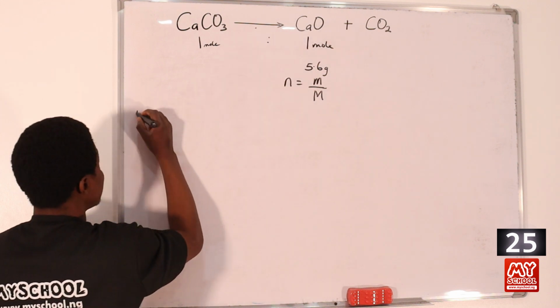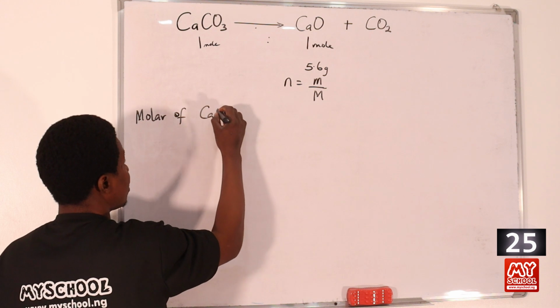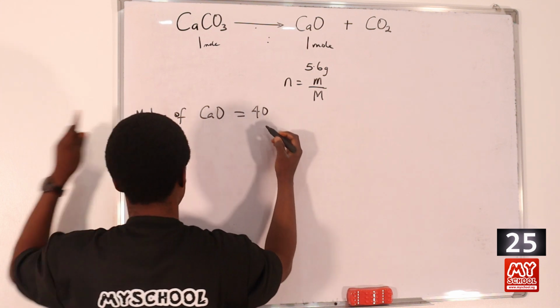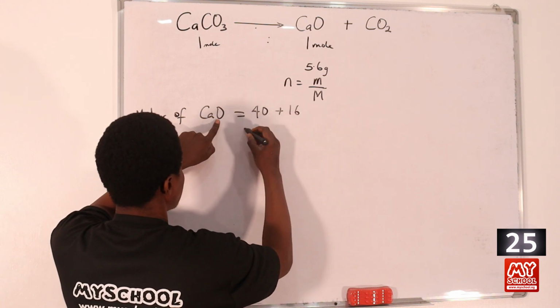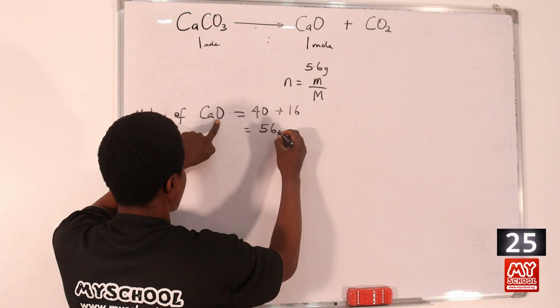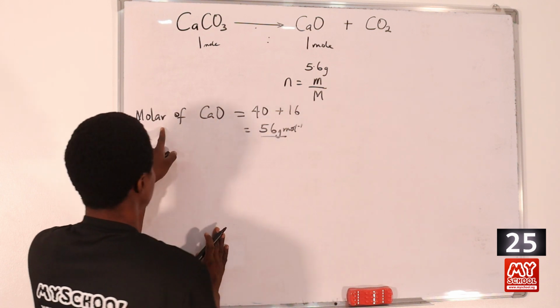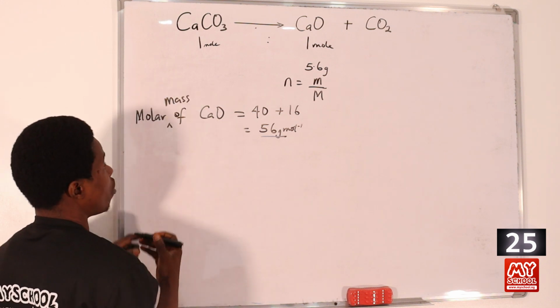You can calculate that. The molar mass of calcium oxide is equal to calcium, 40, plus oxygen, 16. So this is 56 grams per mole. That is the molar mass of calcium oxide. So 56.